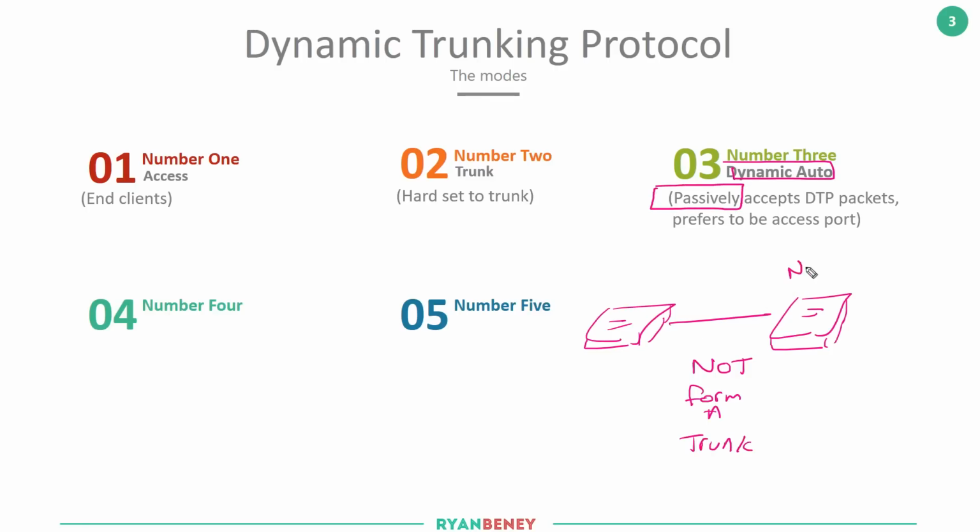It's not sending DTP messages. So when we set it as a hard trunk, it was sending DTP messages. But when we set it as dynamic auto, it's not sending DTP messages. It's only passively listening to them. And if it doesn't receive the DTP messages, then it will actually prefer to become an access port.